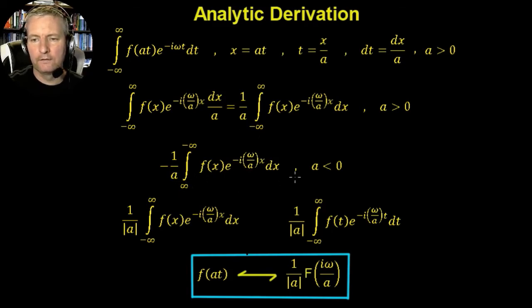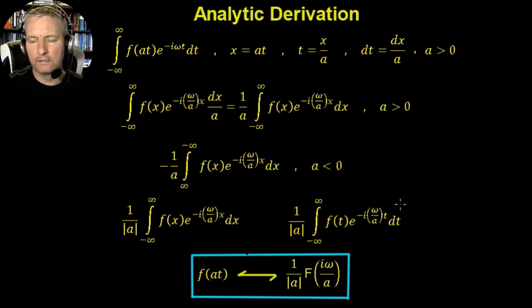So we can see then that for all values of a, if we take the absolute value of a, it'll be 1 upon the absolute value of a times the integral from minus infinity to infinity of our function here. Now what we'll do is replace the x again with a value of t, so we'll just be left with this equation here.